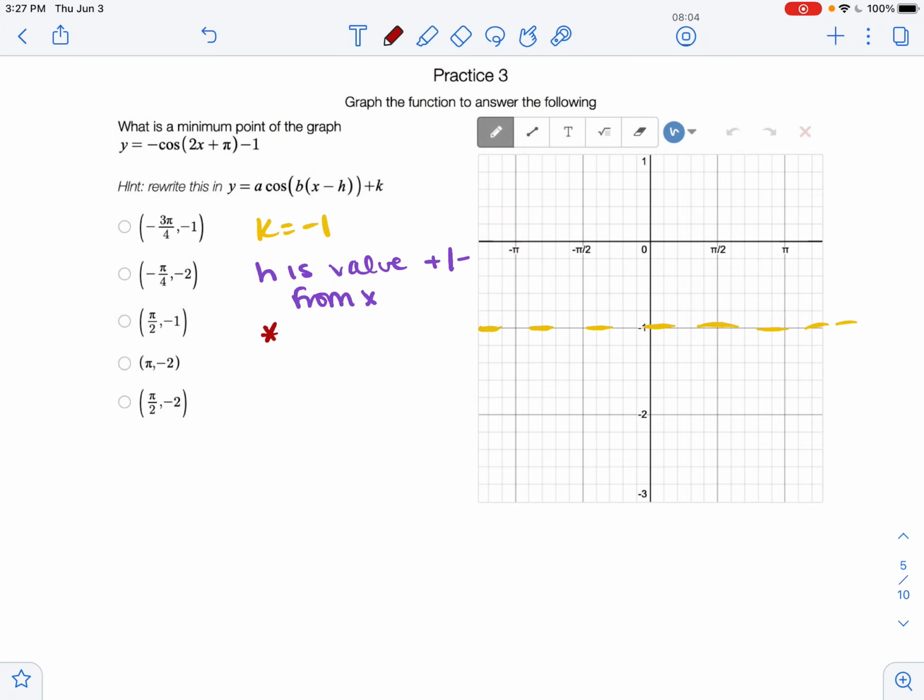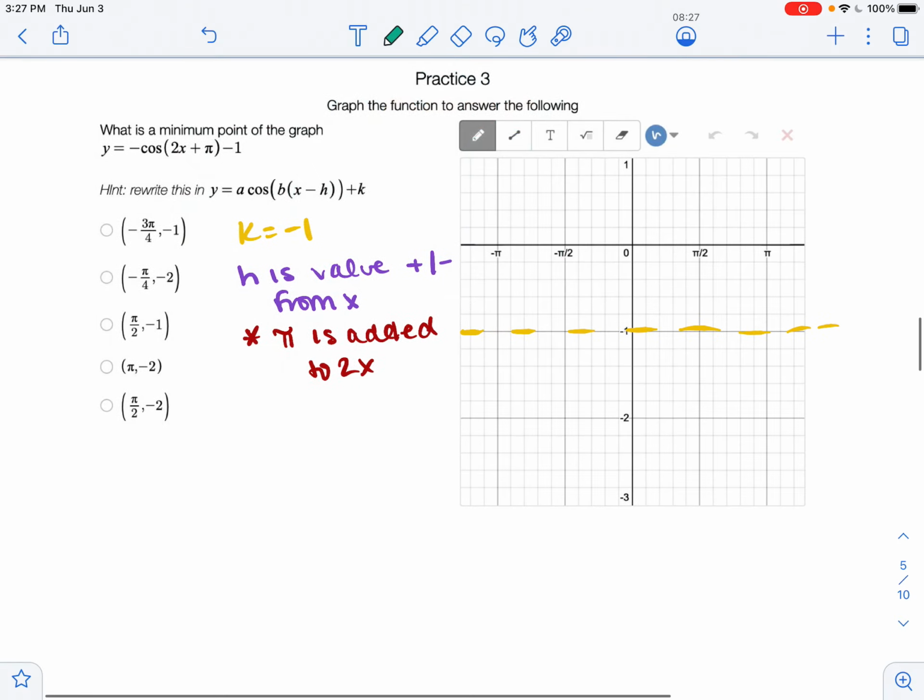Notice pi is being added to 2x. Okay, this does not fit my definition for phase shift. So I need to manipulate the argument of cosine to fit this form. What that means is I need to manipulate to just see x plus a number rather than 2x plus a number.